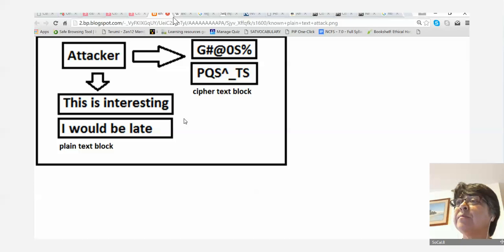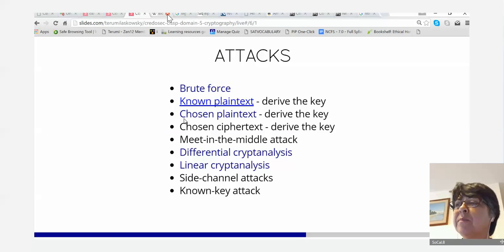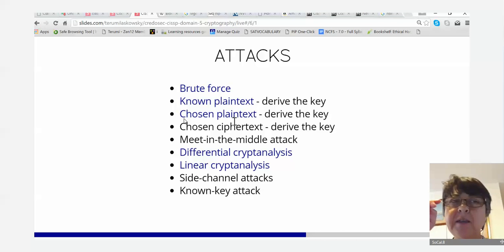The next one is called the chosen plain text. It is an extension of the known plain text. Remember, with the known plain text, you don't really have an option as to what plain text you're looking at. You just got it for some reason. But with the chosen plain text, you can choose. Let's say it's, today is Wednesday.